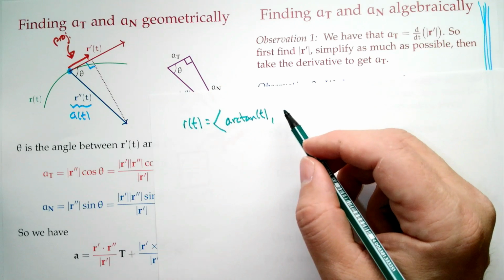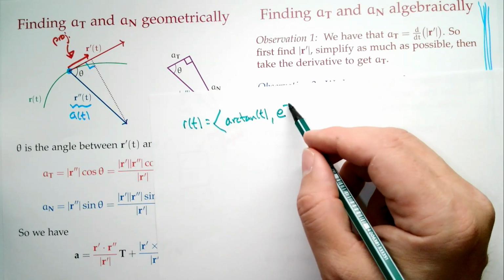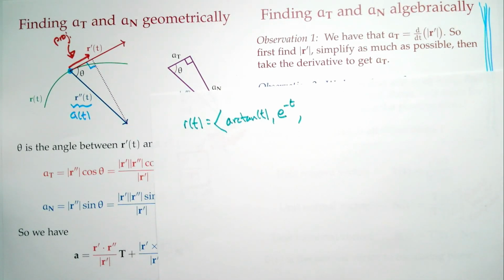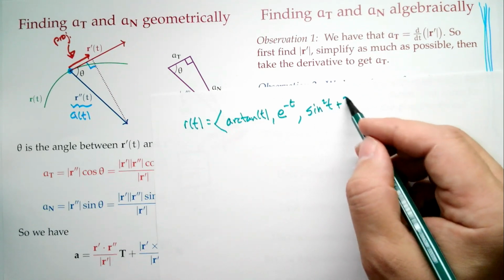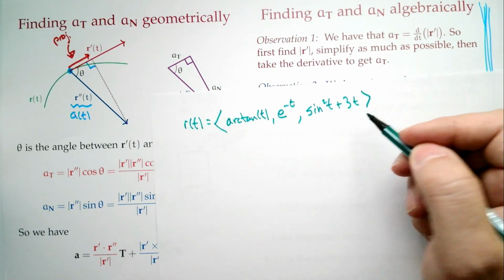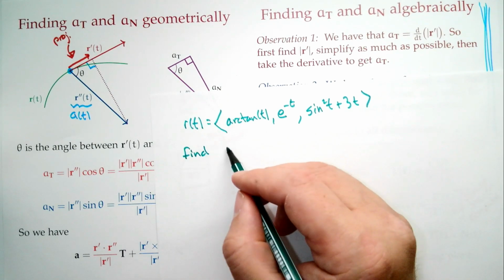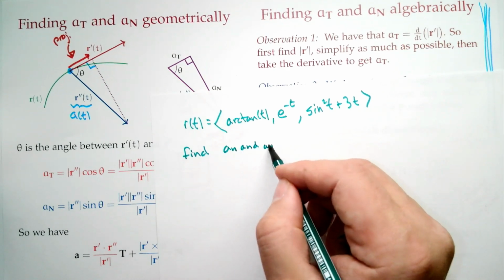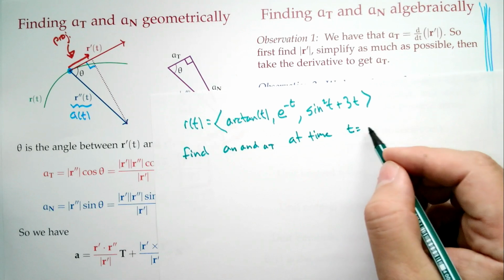Okay, then we're not going to do it. e to the negative t. Okay. Sine squared t. All right. And I'll tack in a 3t here at the end. All right, and suppose I said find a sub n and a sub t at time t equals 0.